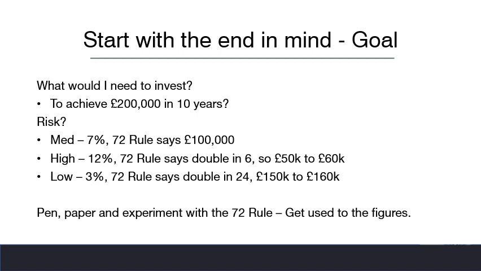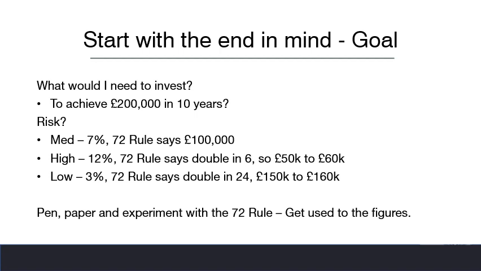But there is another question. What if a client said to you, what would I need to invest to achieve £200,000 in 10 years? Well, it depends on the risk. The 72 rule, once again, states that a medium risk of 7% would double your money from £100,000 to 200. Therefore, if someone says, what would I need to invest to get £200,000 in 10 years, you simply halve the money, 100 grand.